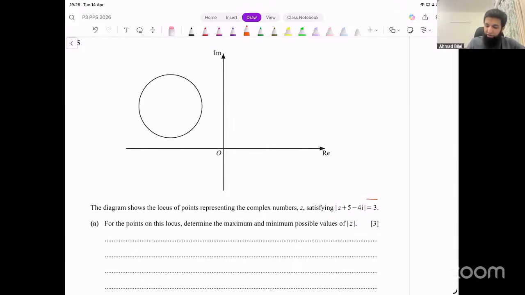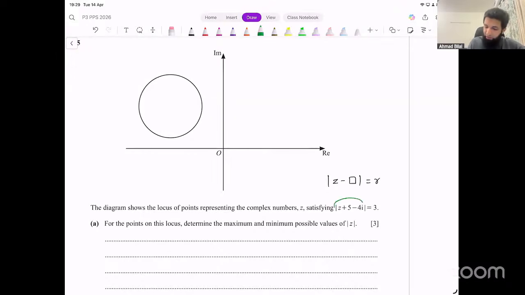We are given the equation of this circle. Remember equation of circle in complex numbers form? What's the standard form for that? It's this, right? Z minus something, modulus of that, that is equal to R. That's the standard form for equation of a circle on an Argand diagram. Z minus some point equals radius.